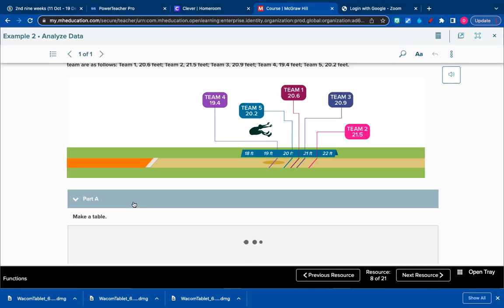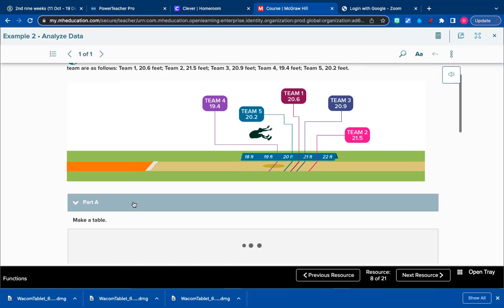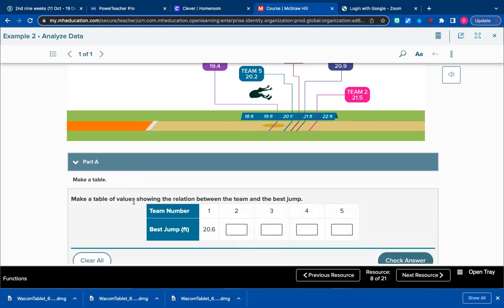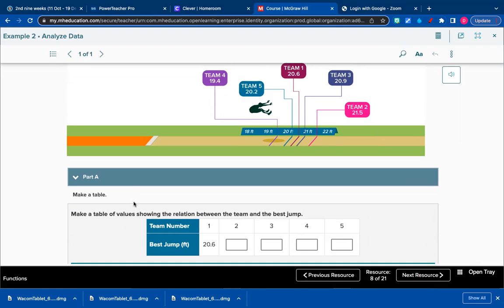So we're going to map each element of our domain to an element in the range. Okay. So team number 1 jumped 20.6 feet. We got that. Team number 2 jumped how far? 21.5. If you can make a table, that just makes everything so much easier. Team 3, 20.9 feet.